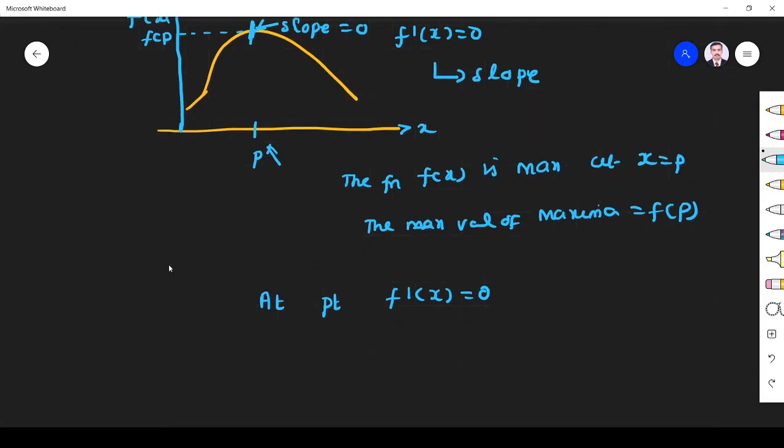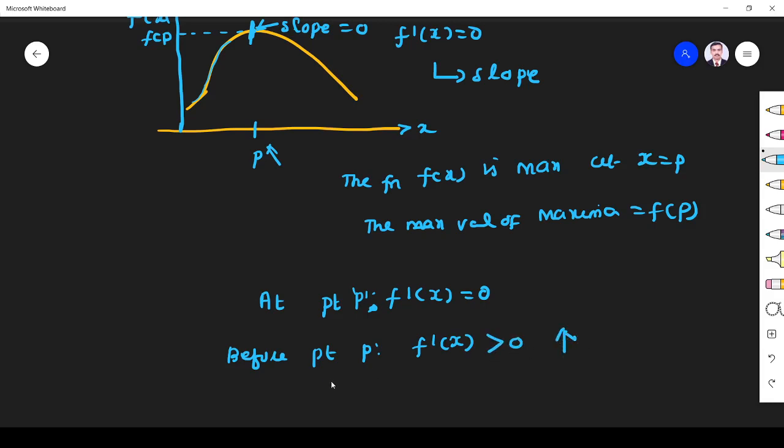At point P, f dash of x is 0. Now what is happening before point P? Before point P, the function is increasing, it is coming like this. So before point P, f dash of x is greater than 0.